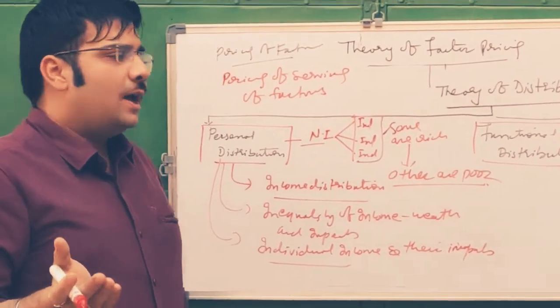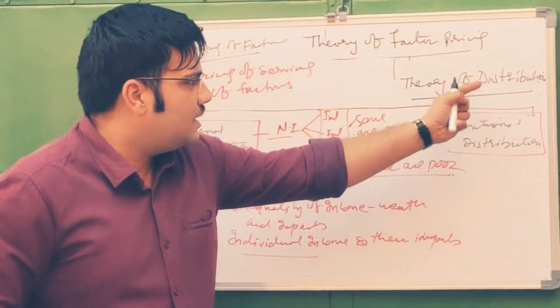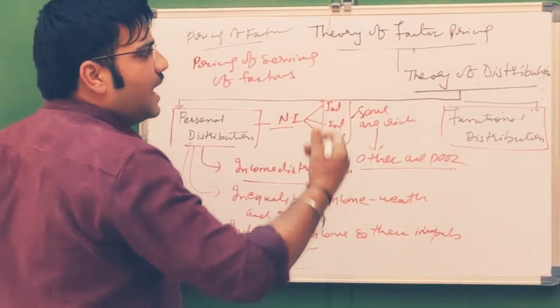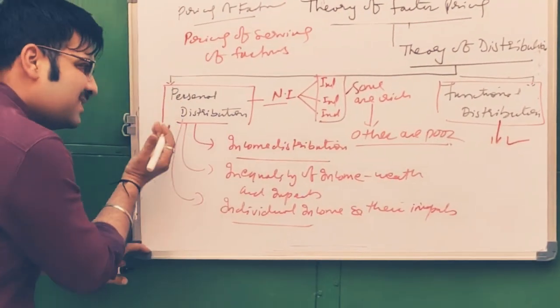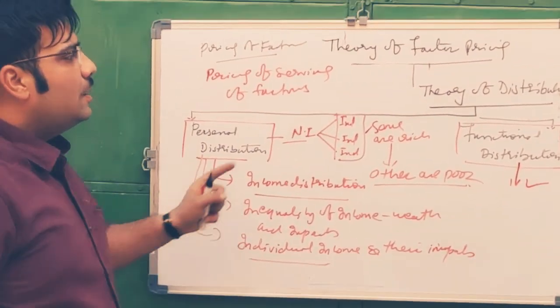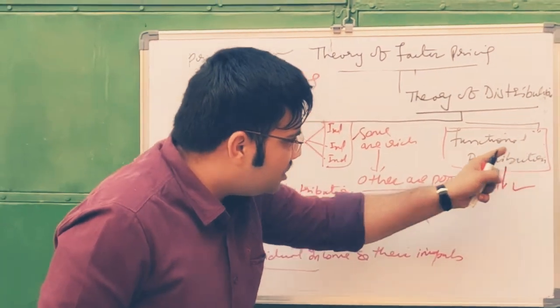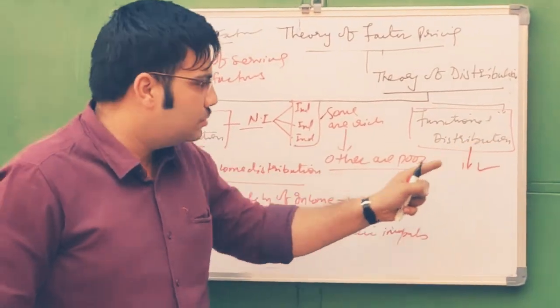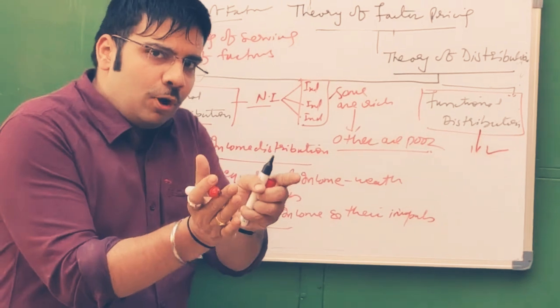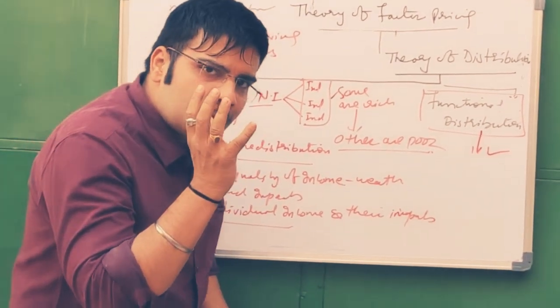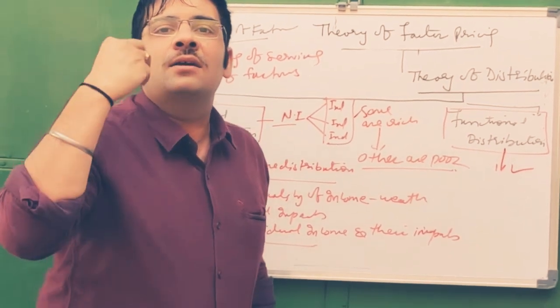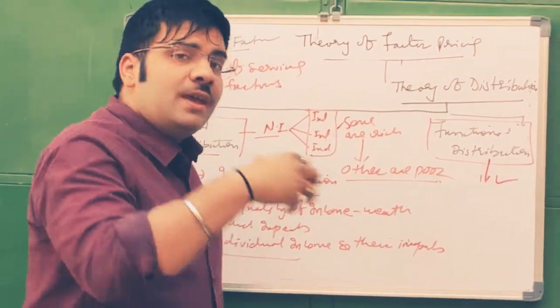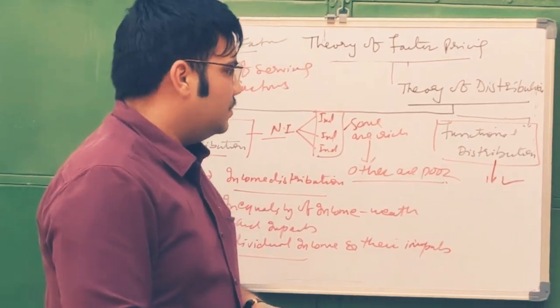If we talk about the theory of distribution, we have to study functional distribution, because it explores how the factors of production are remunerated and how their prices are determined.